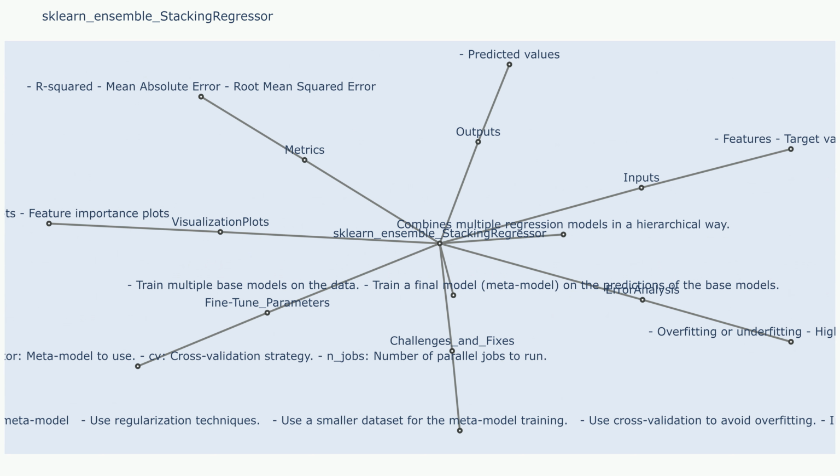Fixes to challenge 3. Use cross-validation techniques that ensure that the meta-regressor is trained on data that is not used to train the base models. Use a holdout set of data to evaluate the model's performance without data leakage.